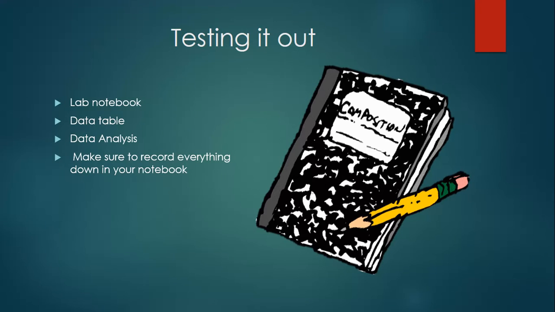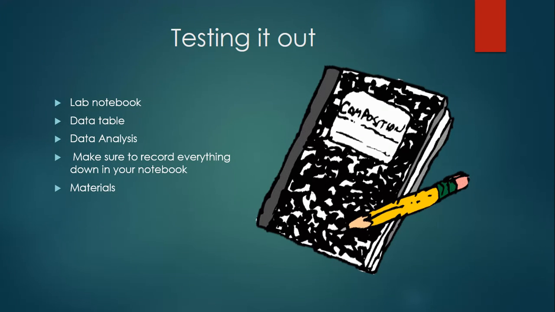Write your name, write the date, write your experiment out, put your data table in it, put your hypothesis, everything you need in your notebook. So let's say you're doing it at the park or something, you'll have your notebook with you. Or let's say you are in the middle of somewhere and you brought your laptop. Well, you have your digital notebook. So it's always convenient to have your notebook with you or some type of electronic with you, so you can always be writing the things you need down.